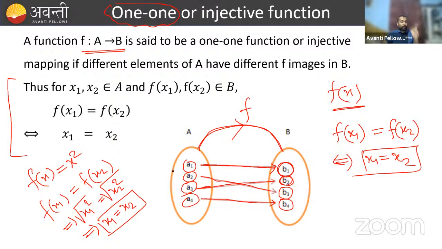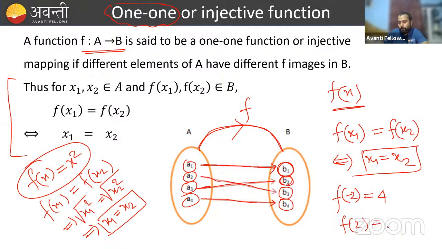In periodic functions, we have faced similar types of problems. It is not 1-1 because it is violating our definition of a 1-1 function. Why? You can see here. If the function is f of x is equal to x square, what is the value of f of minus 2? That is 4. What is the value of f of 2? We get 4 also.